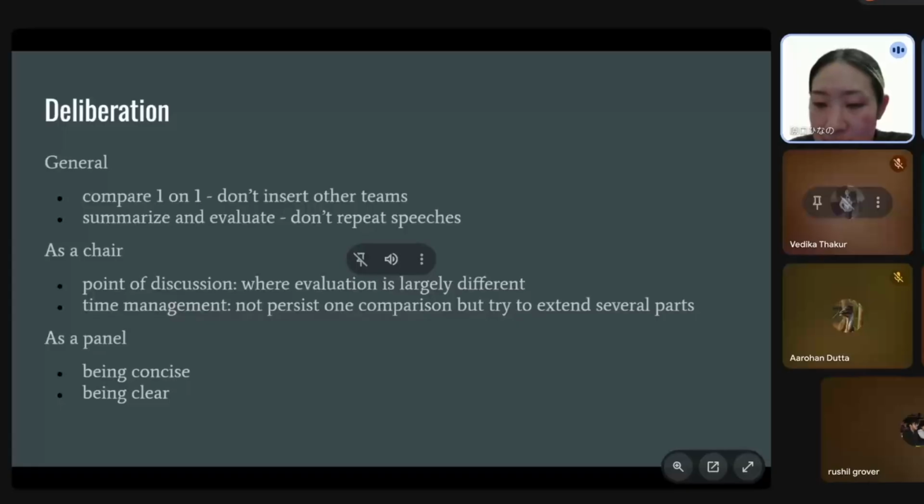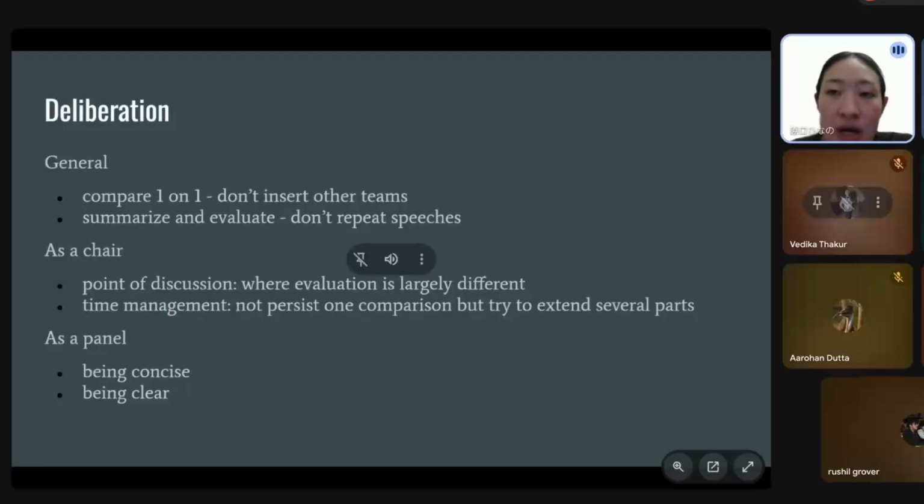The second thing is about being clear. It basically means that even if you are very concise, it is difficult to understand if we cannot get your point. So, for example, you can clearly state, I think they are winning on the likelihood because blah blah blah.